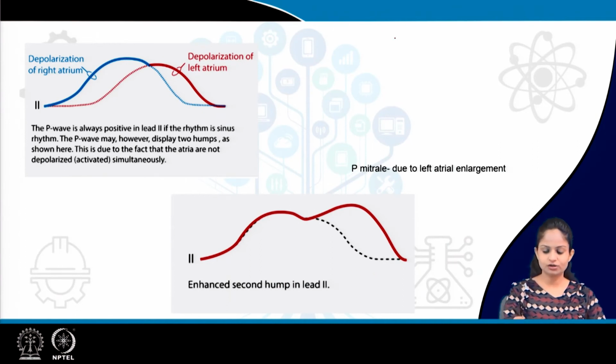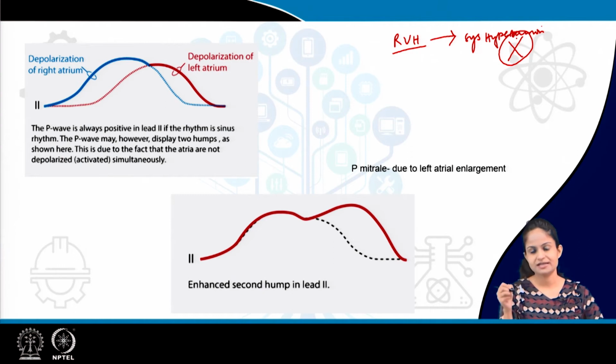Now, I haven't talked about right ventricular hypertrophy, because it is usually not related to systemic hypertension. Systemic hypertension causes compensatory change in the left ventricle, so left ventricular hypertrophy is seen along with left atrial enlargement.